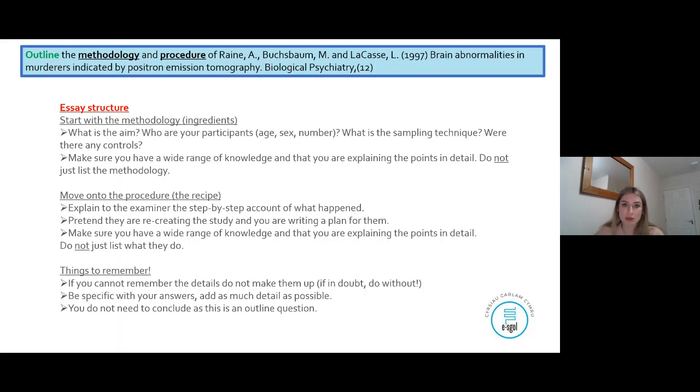There were also wooden blocks. Rather than making up a big list, it definitely looks better if you're specific and you don't say something incorrect. And be specific, like I've said, in your answers and add as much detail as possible. And again, you don't need to conclude because it's an outline or a describe question.